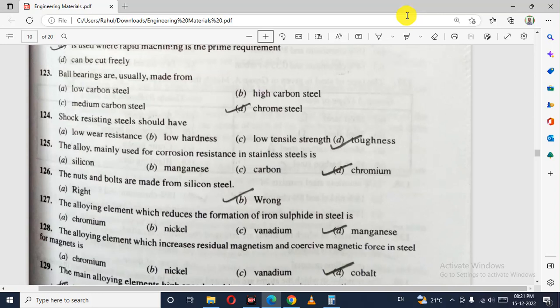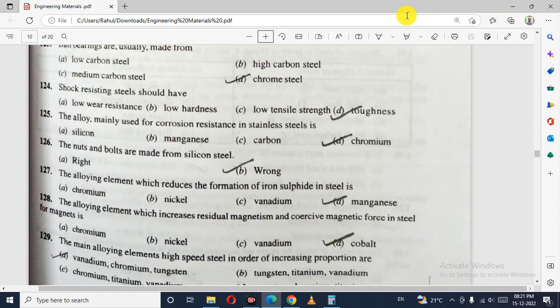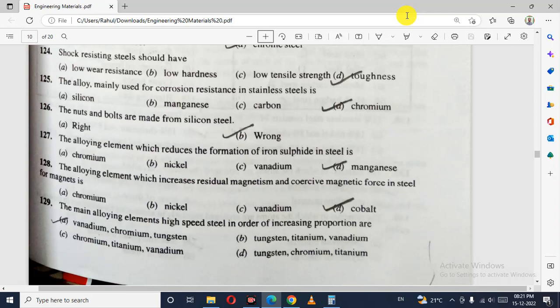The alloying element which increases residual magnetism and coercive magnetic force in a steel for magnets is cobalt. The main alloying elements in high speed steel, in order of increasing proportion, are vanadium, chromium, tungsten.